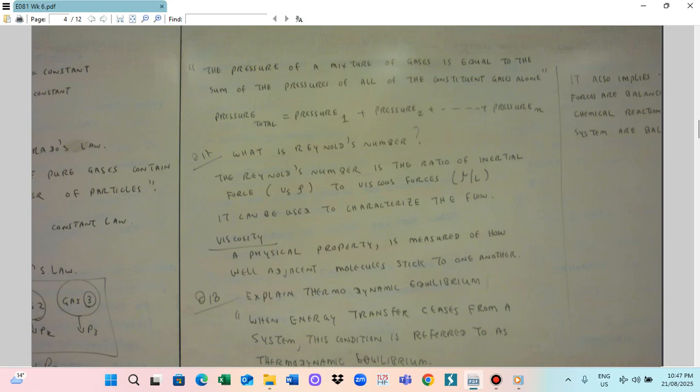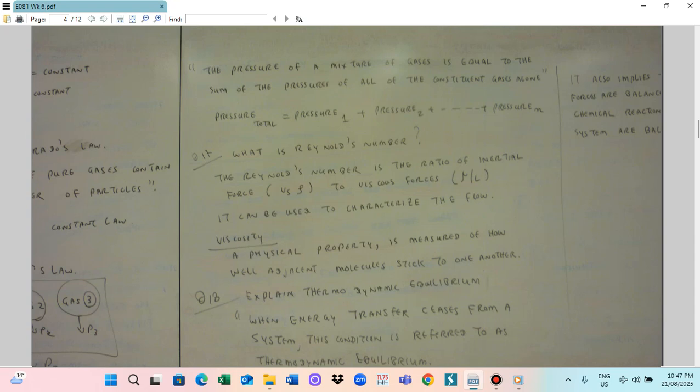All the gas molecules have inertia, and their inertia and viscosities are related. So depending on the Reynolds number, some gases flow easily and some are difficult to flow. This means the flow behavior of a gas can be described in terms of the Reynolds number.